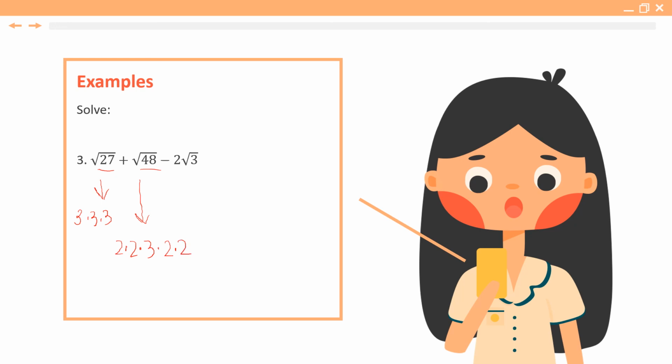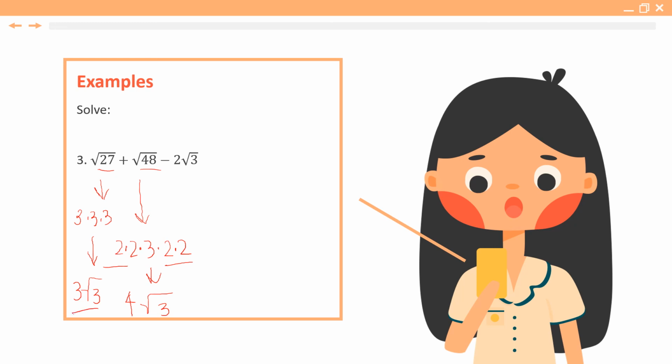So when we simplify this one, this would be 3 square root of 3, and this would be 4 square root of 3. So we will be using 4 since it is a square root. So we just have to use two numbers to take out in our radical.